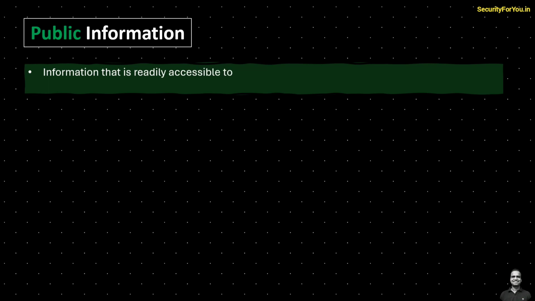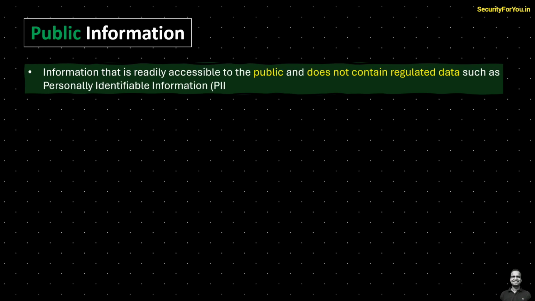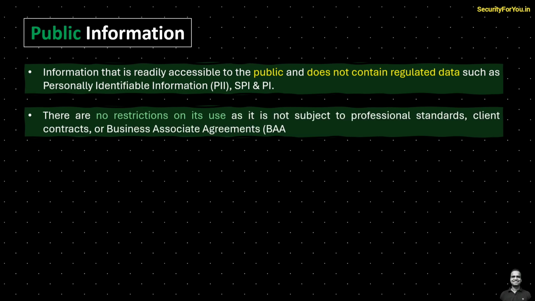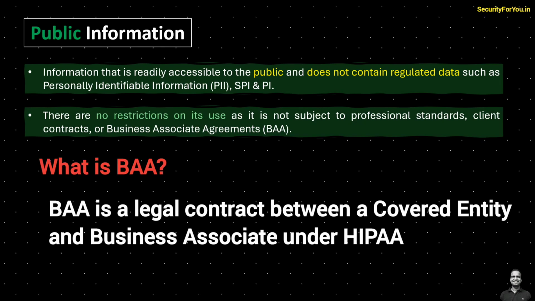Public information. This category includes information that is readily accessible to the public and does not contain any regulated data like PII, SPI, or PI. There are no restrictions on its use as it is not subject to any professional standard or any client contract or business associate agreement. A business associate agreement is a legal contract between a covered entity and a business associate under HIPAA.